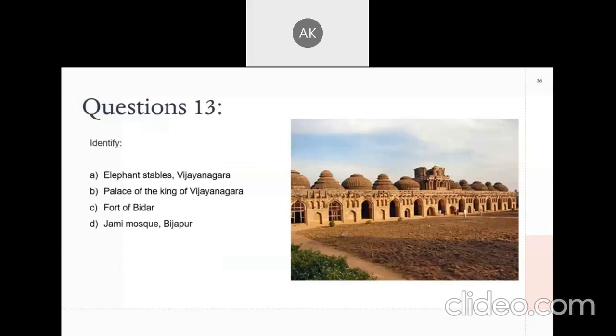Okay, let's go through the options: Elephant Stables of Vijayanagar, the Palace of the King of Vijayanagar, Fort of Bidar, or Jami Mosque of Bijapur. They are elephant stables, option A. Yes, correct. So these are the elephant stables at Vijayanagar.